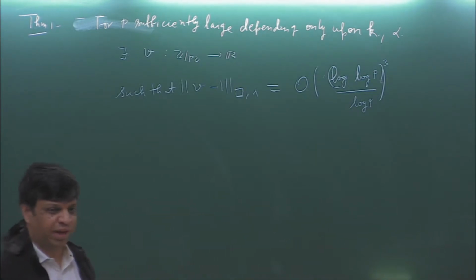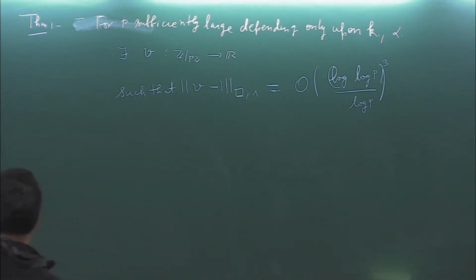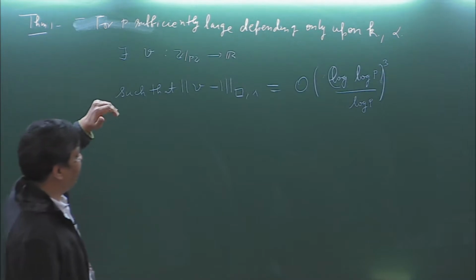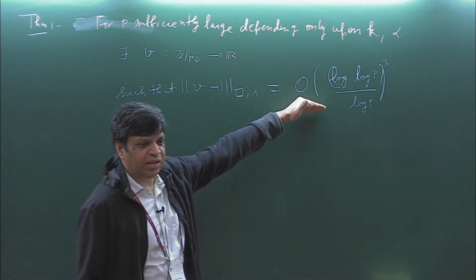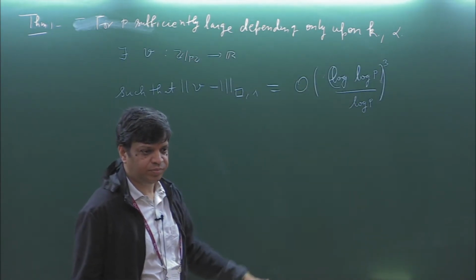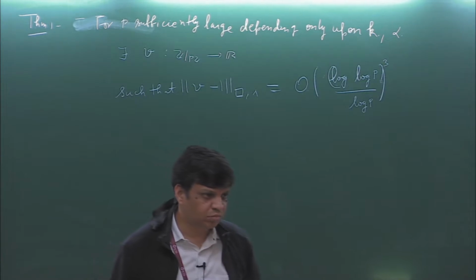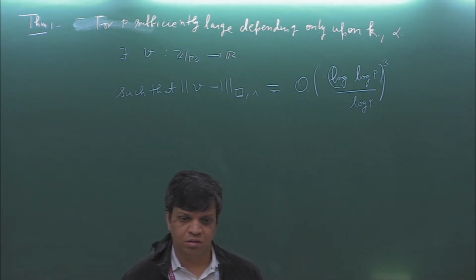For every prime P, as n increases, the P increases. So you have a sequence of these AB, and corresponding to every AB you are associating this f. For every such f, you will get this V such that the norm of V minus 1 will be O of log P cubed by log P. All right?